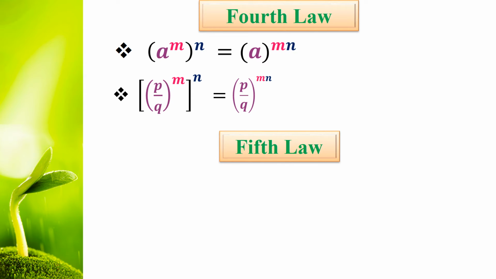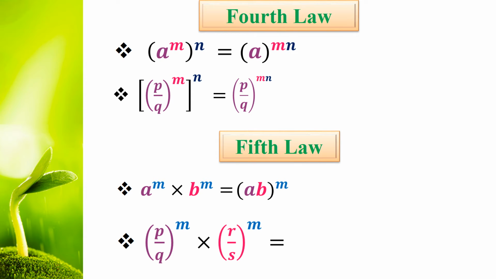Let's see the fifth law. a to the power m into b to the power m equals (ab) whole power m. If p by q and r by s are two rational numbers and m is a positive integer, then (p by q) to the power m into (r by s) to the power m equals (p into r by q into s) to the power m.